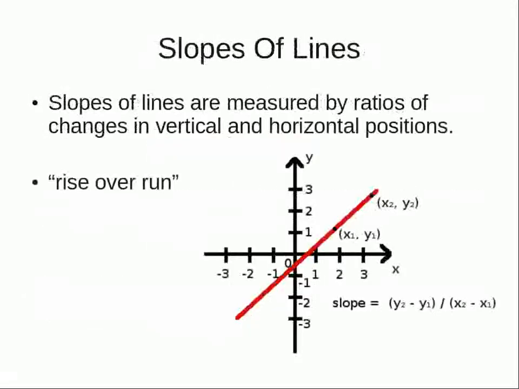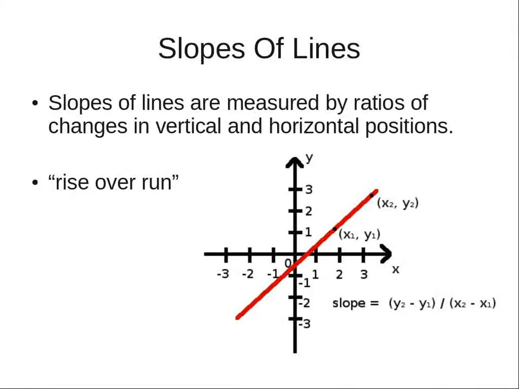Discussion. Slopes of lines. Slopes refer to the steepness of a line, you might say. Okay. How do you measure slopes? Slopes of lines are measured by ratios of changes in vertical and horizontal positions. You may have heard this referred to as rise over run.